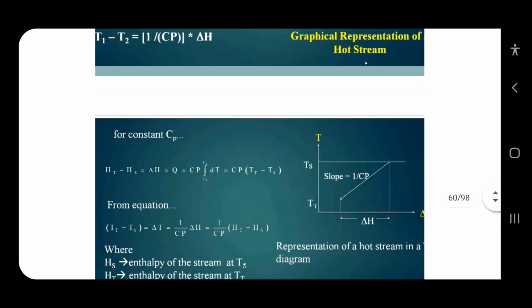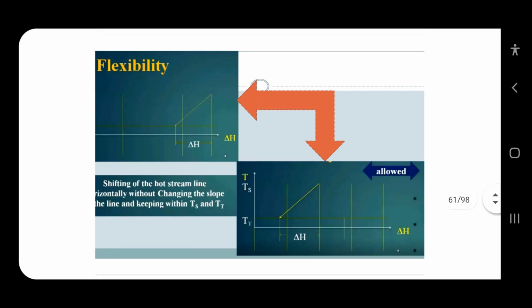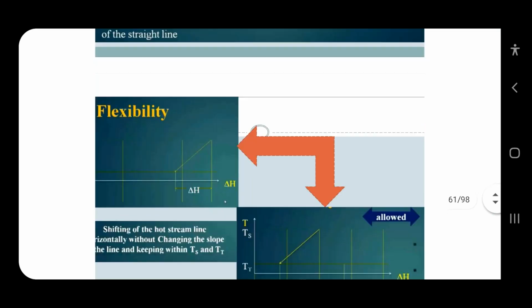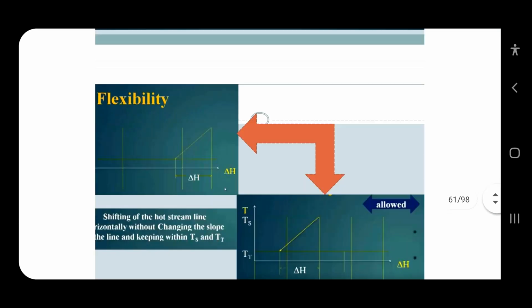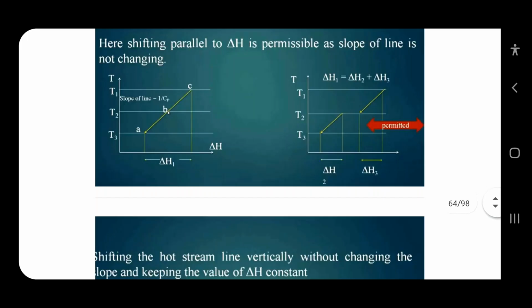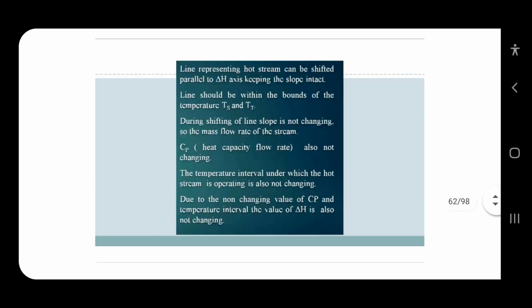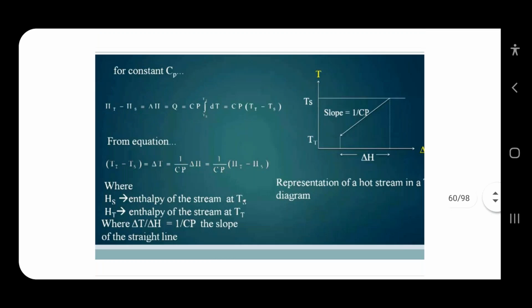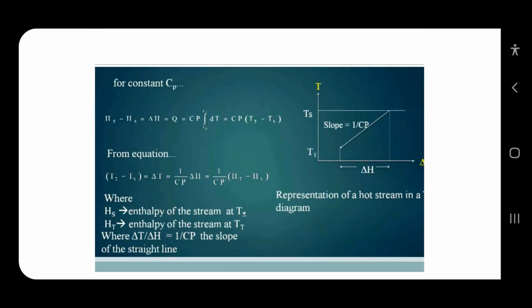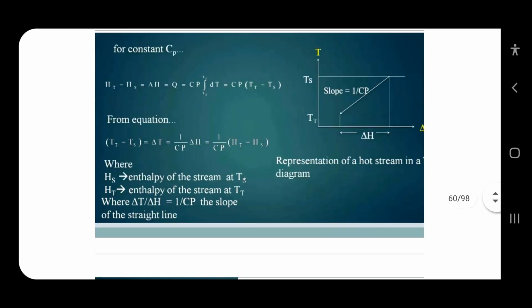Similarly, you must draw it for the cold stream. We'll come to that later. First of all, I can tell you this line, that is the hot stream, you can move in the graph to any other section.